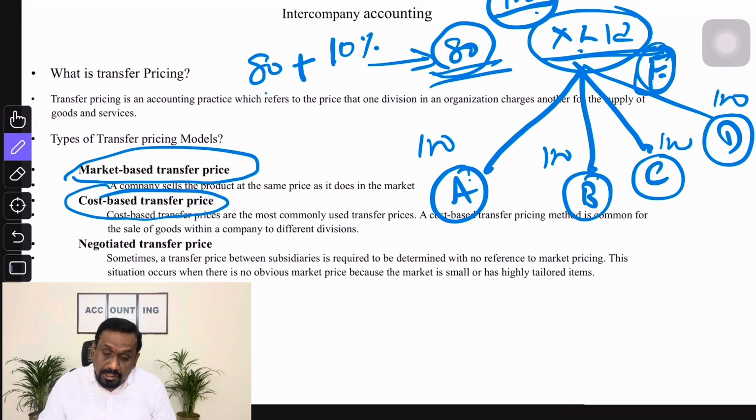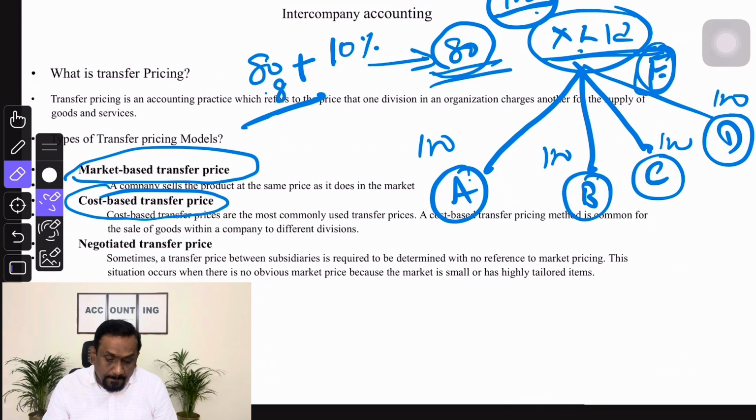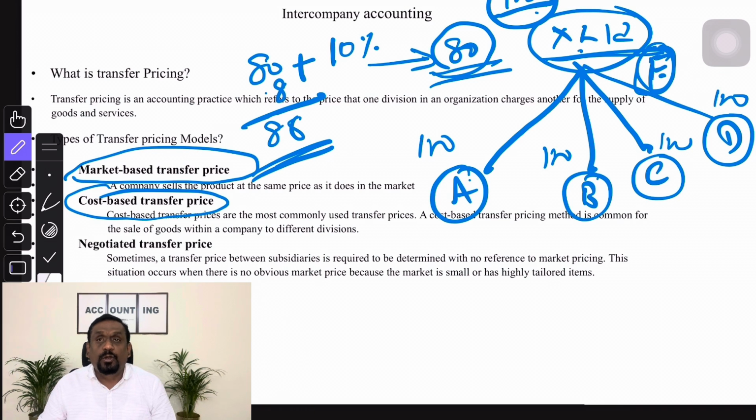What does it mean? 80 rupees is the cost for X Limited, plus it will charge a 10% margin on it. 10% on 80 is 8 rupees. That means X is going to transfer this product to A, B, C, D at 88 rupees.